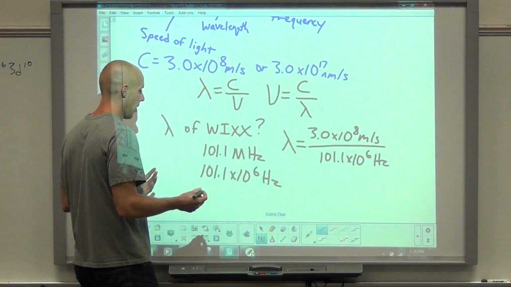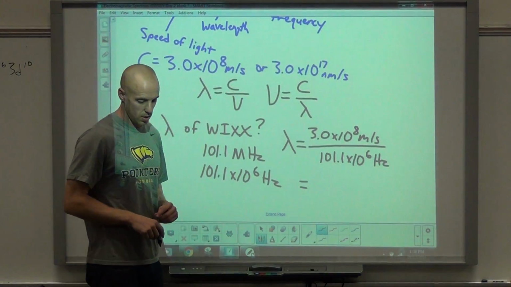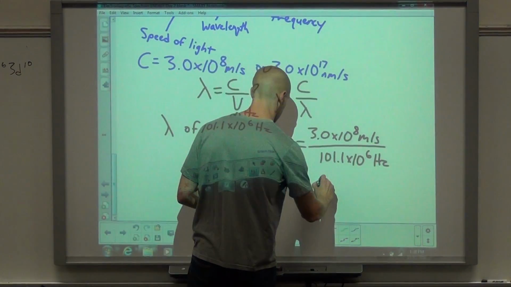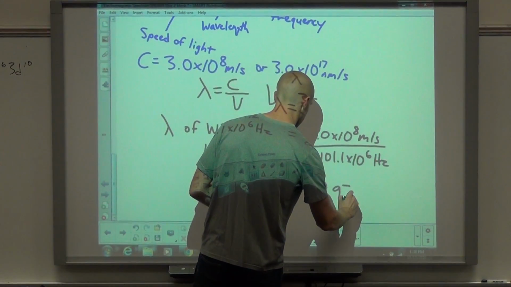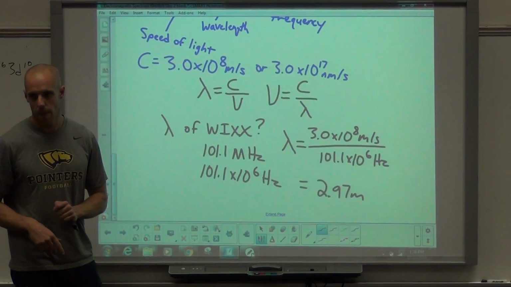So all I do is plug it into my calculator, and I get 2.97 meters. So the wavelength of that radio station, the wave that it sends out, is literally 2.97 meters long.